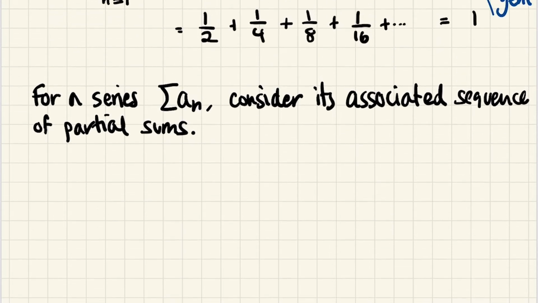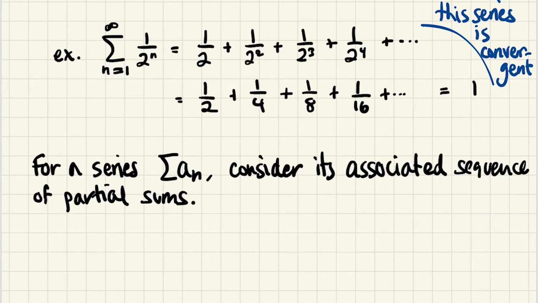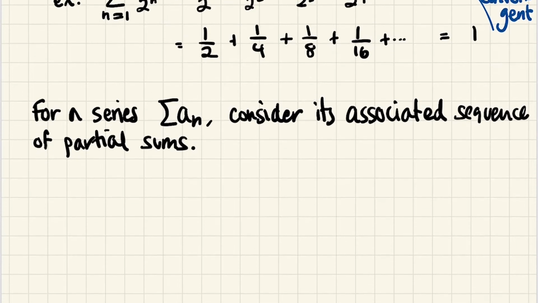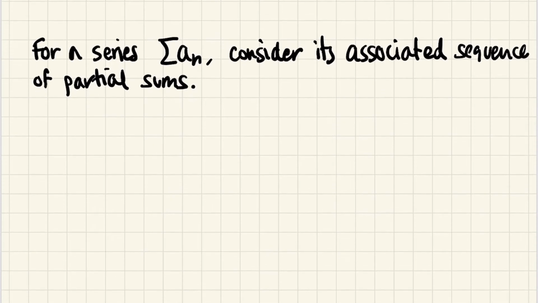So the third partial sum would just be a1 plus a2 plus a3. And the seventh partial sum would be a1 plus a2 all the way up to a7 added together. So the actual sum of a series is just kind of the infinitieth partial sum.